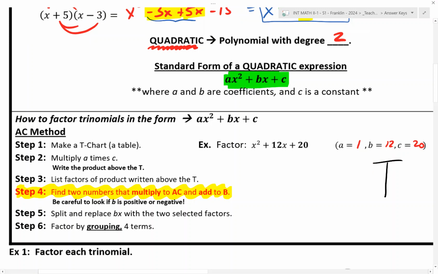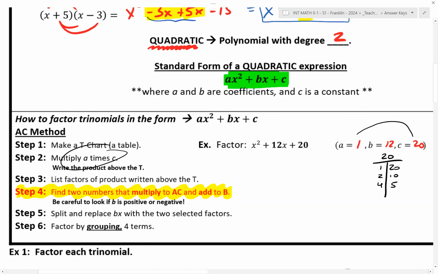I want two numbers that multiply to AC, A times C, which is 1 times 20, which is just 20. This is the product we're looking for. So I want to write down factors of 20. That's 1 and 20, 2 and 10, 4 and 5.